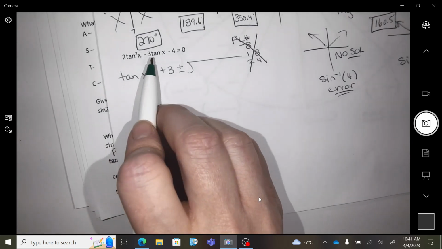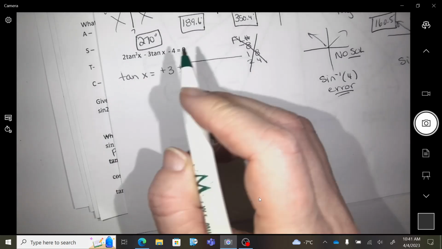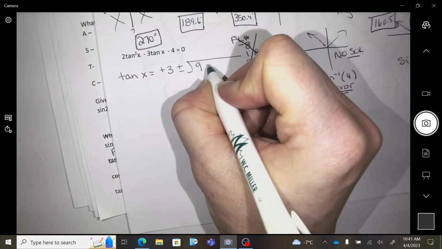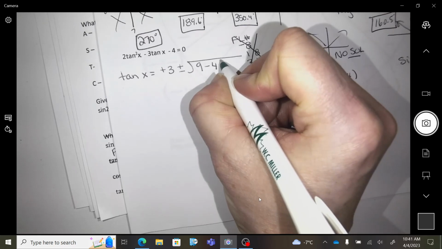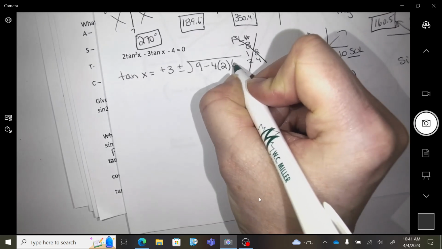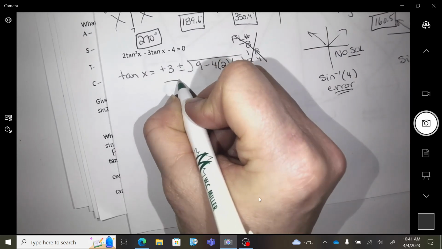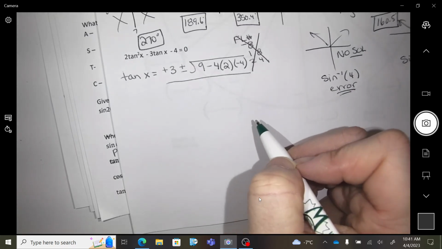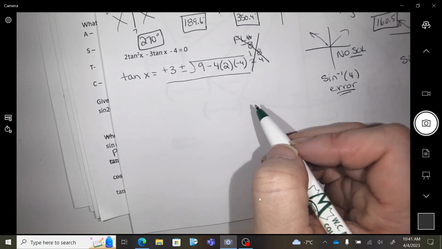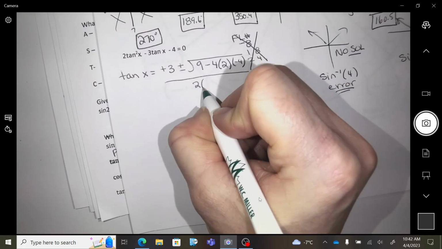what is b squared? 9. Subtract 4 times the a number times the c number. All over 2 times the a number.